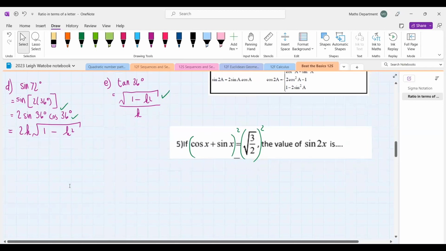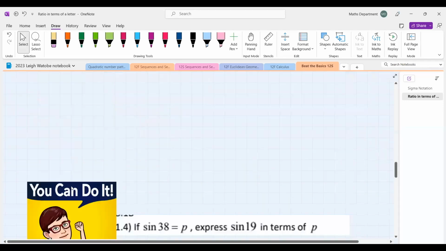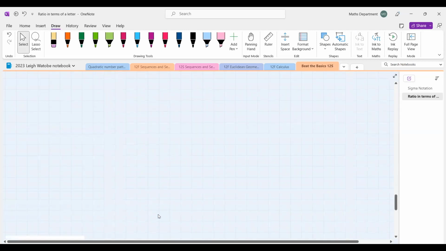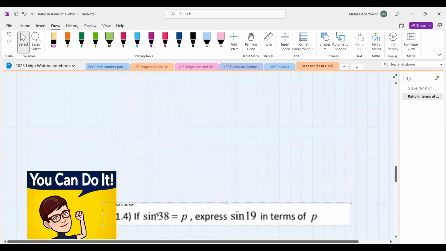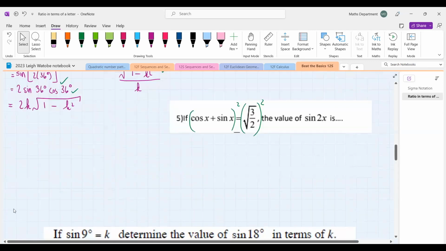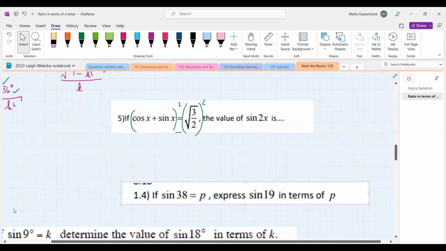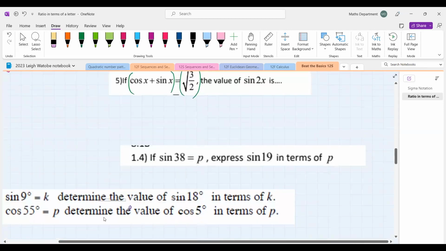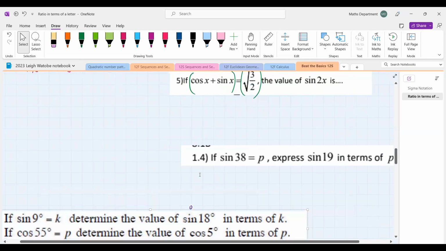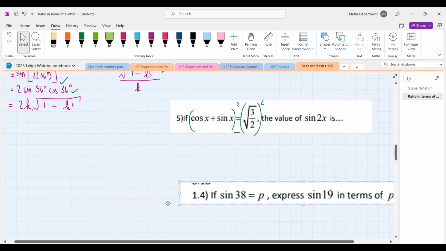Pinga, in the meantime, let's do this one. Pinga, you're going to be thinking about question 1.4 while the others just finish question 5.